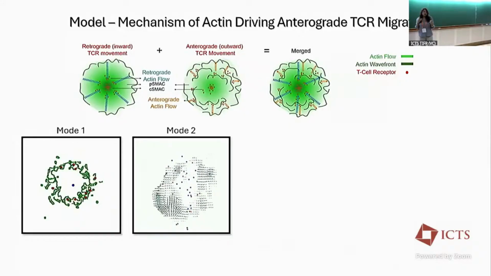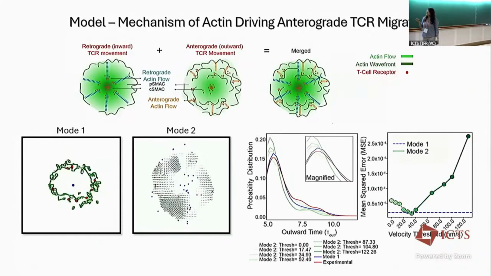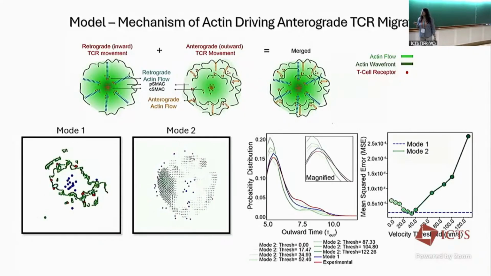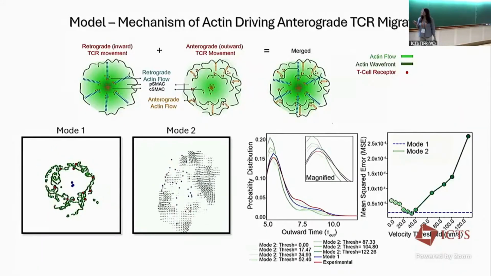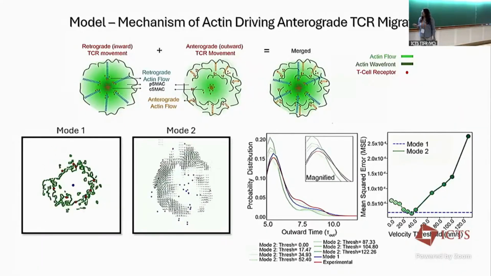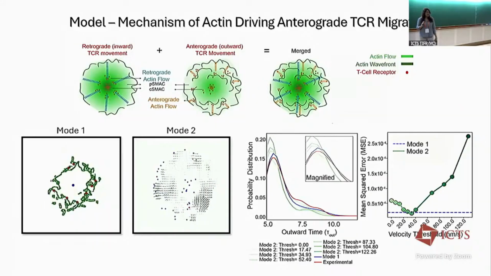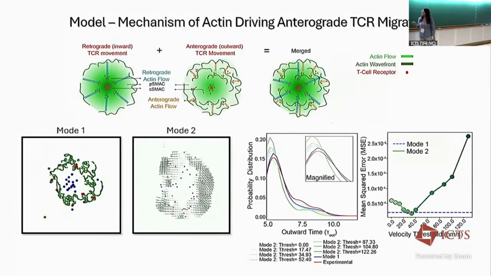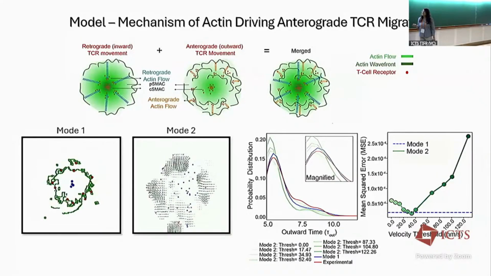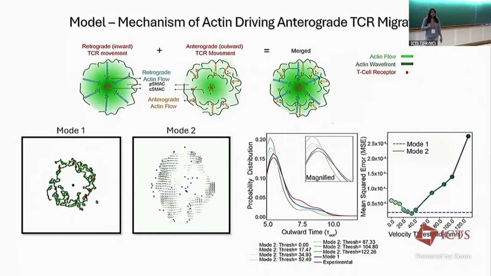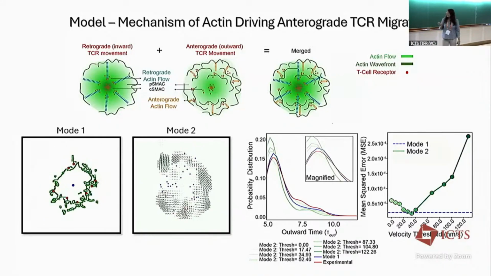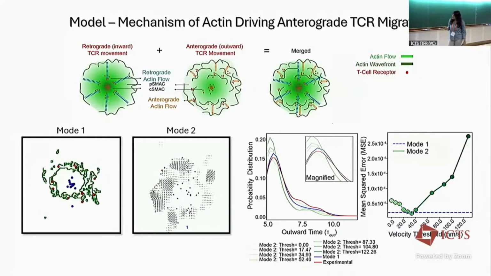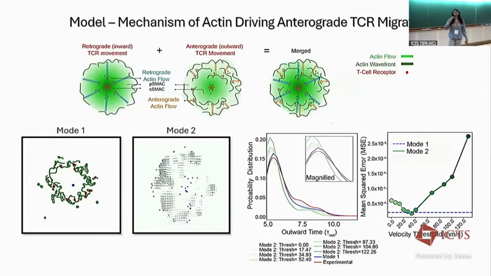To see the goodness of fit, we plotted the probability distribution of the outward time of these microclusters. The red line shows the experimental microclusters and their probability distribution with time. The blue line shows how the tracer particle behaves in mode 1. It was beautifully matching the experimental data. Now for mode 2, all these green lines are mode 2, but with different velocity thresholding.